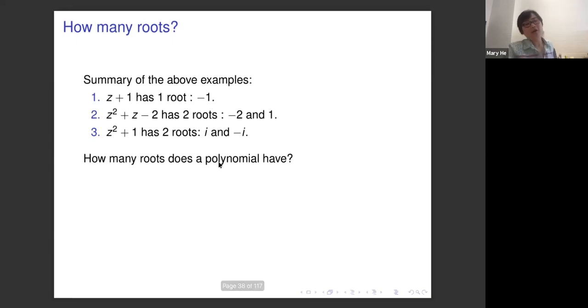So now, a natural question you might wonder is, how many roots does a polynomial have? For the examples we saw above, it seems that the number of roots is the same as the degree of the polynomial. Remember, the degree is the largest power of z. For the second and third examples, the largest power of z is 2, and indeed, they have 2 roots.